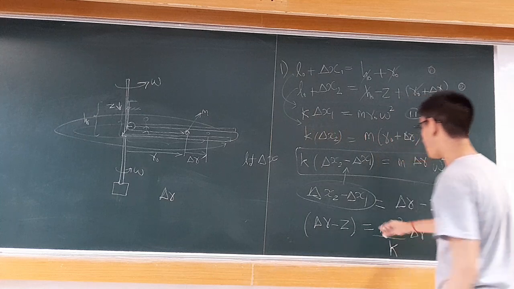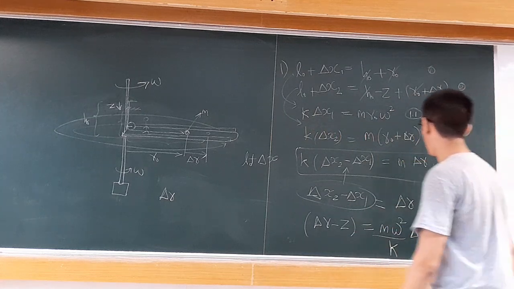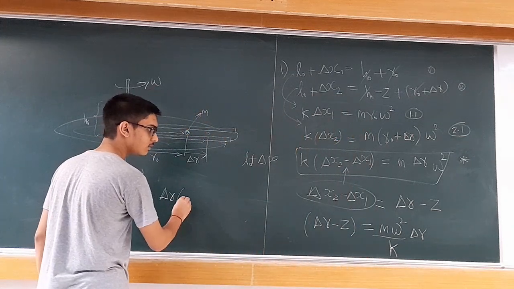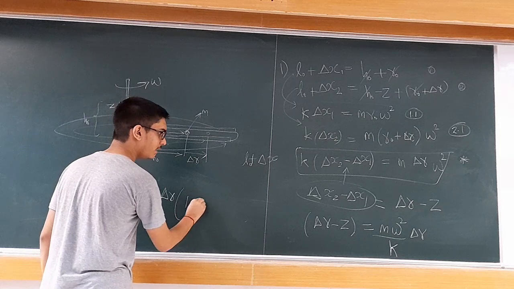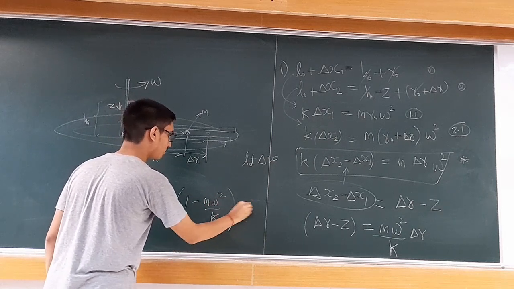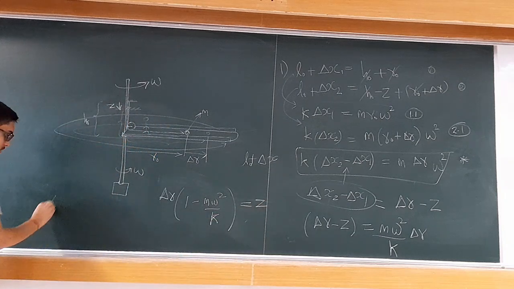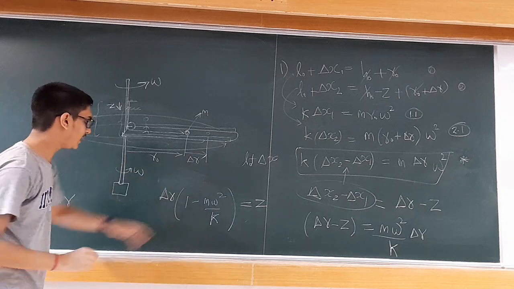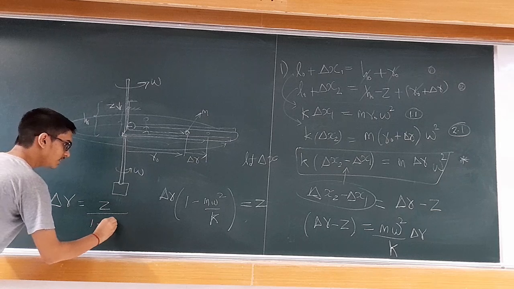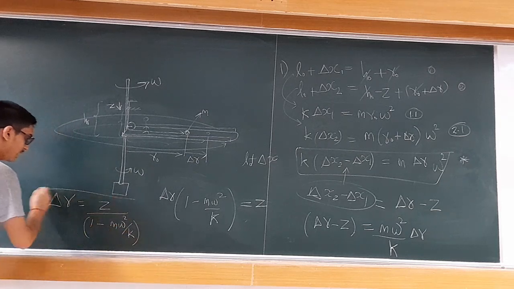This is delta r minus z divided by K is m delta r omega square. So delta r times 1 minus m omega square by K is equal to z. So I can say delta r, the change in the radius, is equal to z over 1 minus m omega square by K. This is the answer.